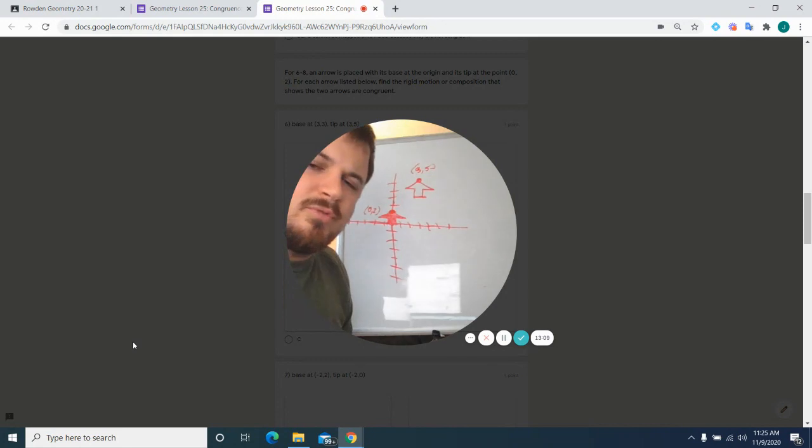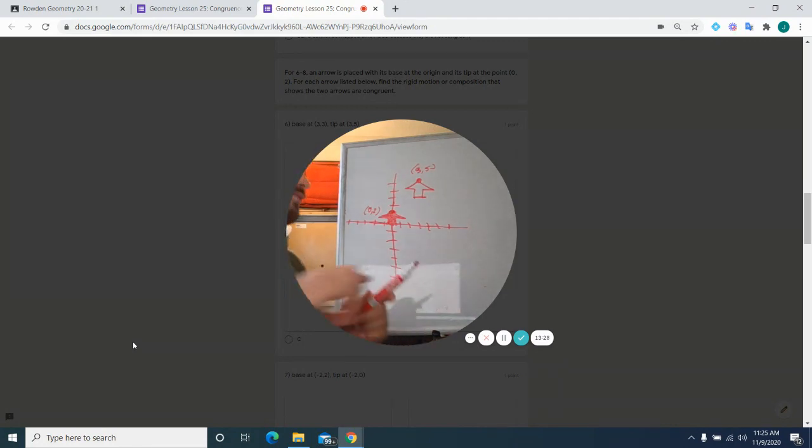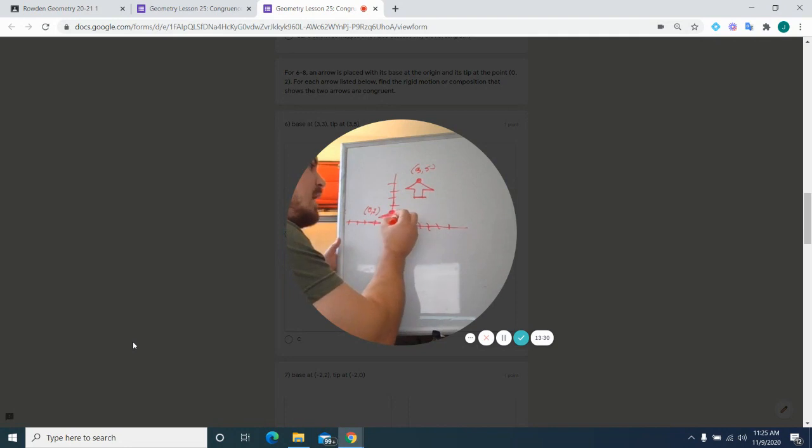Okay, now that you've done it, hopefully you figured out that the set of motions that can do that, if I just move it to the right by 3 and then up by 3, it should accomplish what I want it to do. And this will be the easiest out of all of them. So if we just move it to the right, 1, 2, 3, and then up by 3.